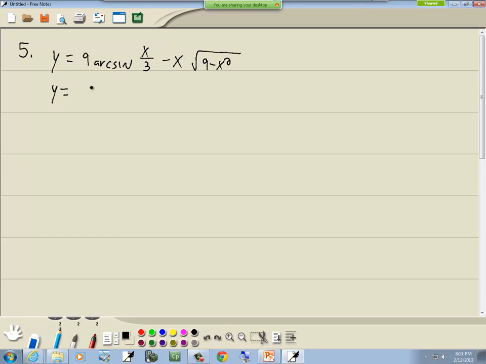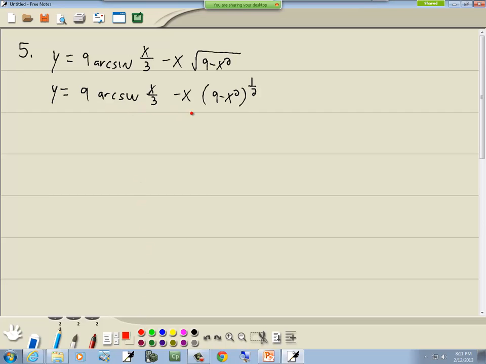Well, I want to rewrite that before I take the derivative. So this would be 9 arc sine of x over 3 minus x times 9 minus x squared to the 1/2 power. So we want to write it as fractional power, rational exponents. And the square root is always the 1/2 power.